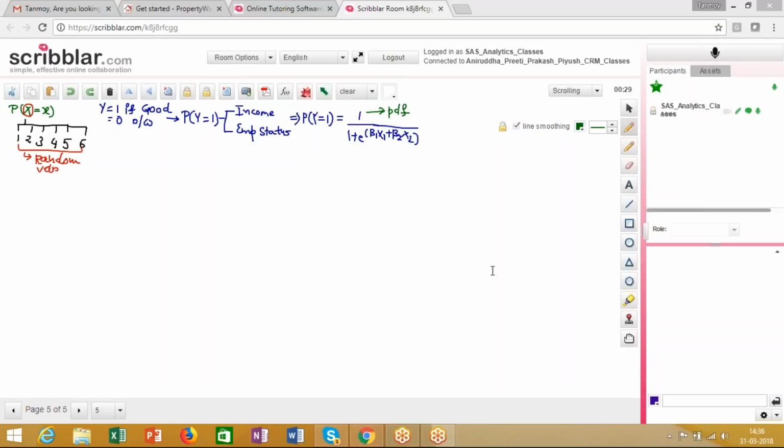When I talk about employment status or such categorical variables, then when we go into model development, we will see a concept called weight of evidence. A weight of evidence transformation will help us convert the categorical variables into continuous variables, and thereby help us generate probability density functions.